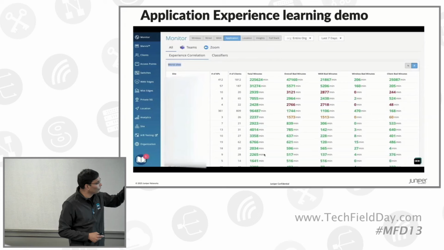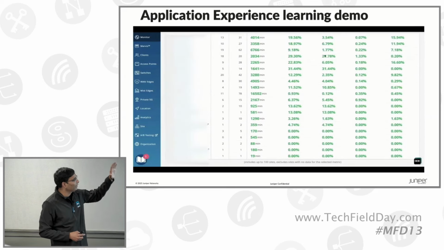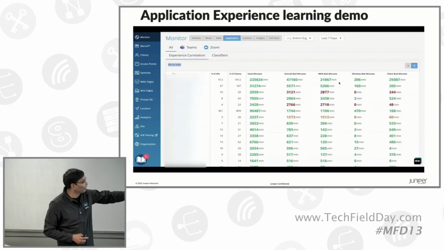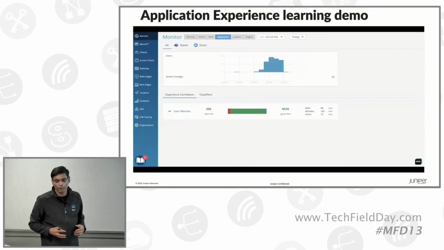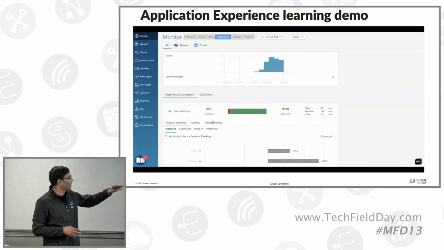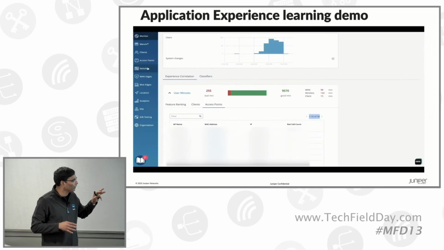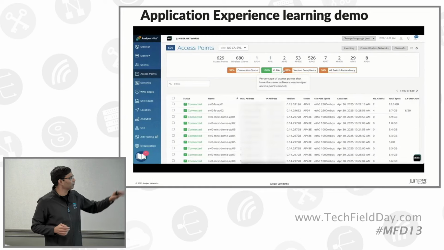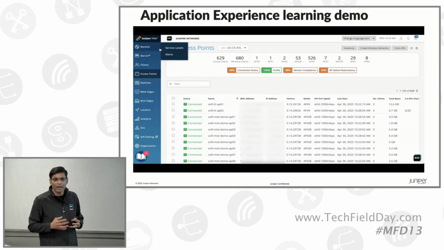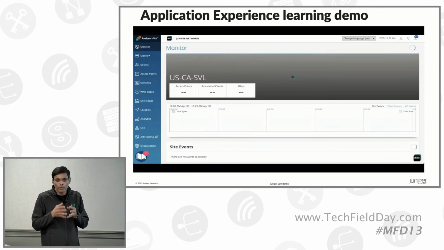And so here's an example. This is Juniper's global network. When this model was started, we had 30% failure, 20% failure, lots of really bad Teams and Zoom user minutes. This is our headquarters in Sunnyvale, and you can go in and say, okay, 16 APs out of the 629 APs are delivering some of these bad Teams calls. Now, how do I understand this? How do I make this better?